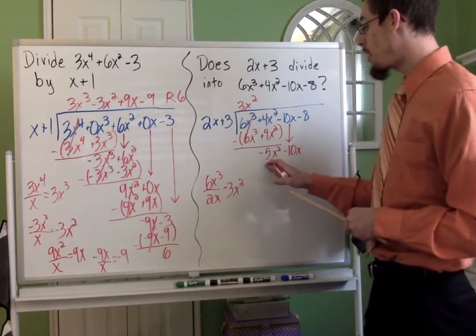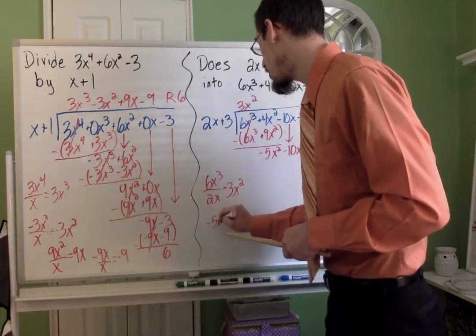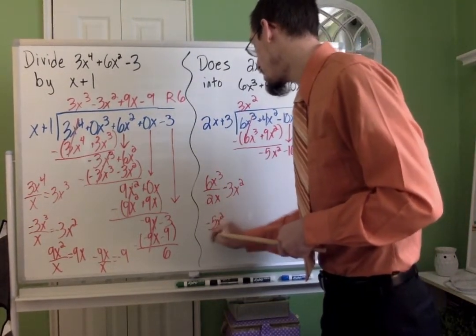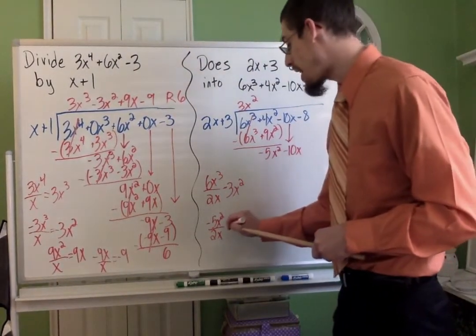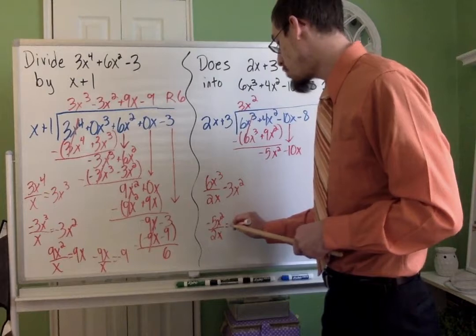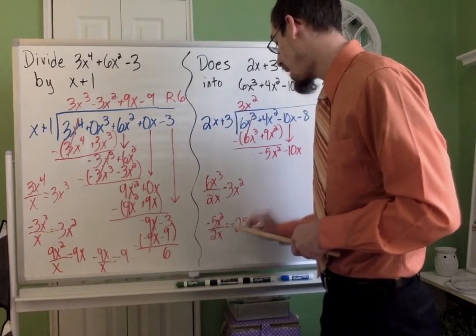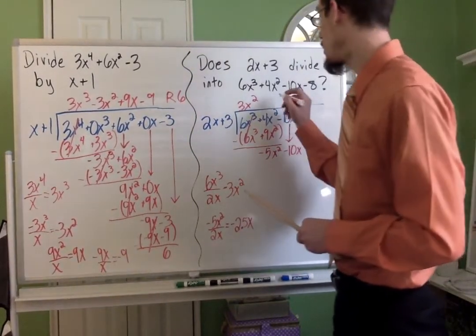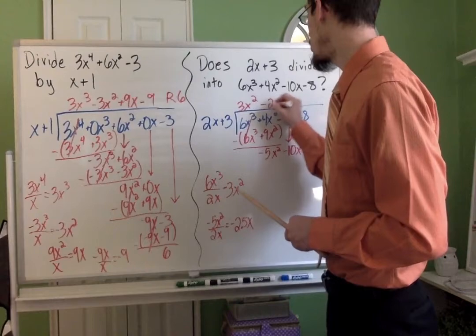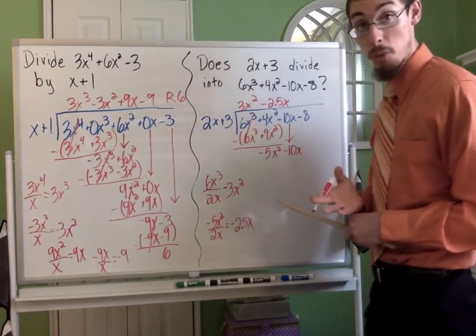Now at this point, I have to take that first term, negative 5x squared, and divide it by 2x. The result of that is going to be negative 2.5x. So I'm going to put negative 2.5x. I got a decimal.